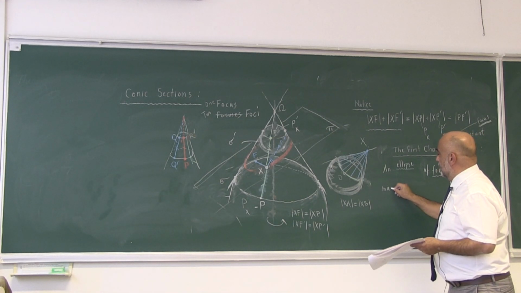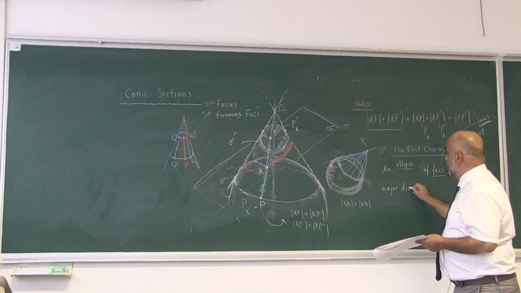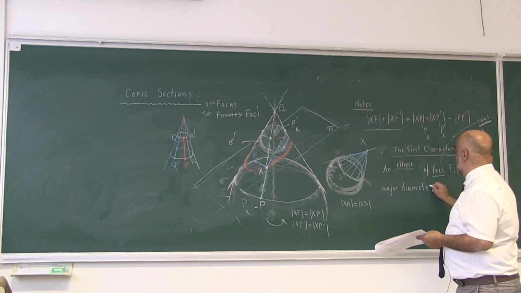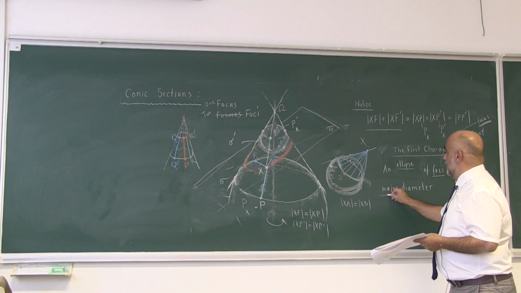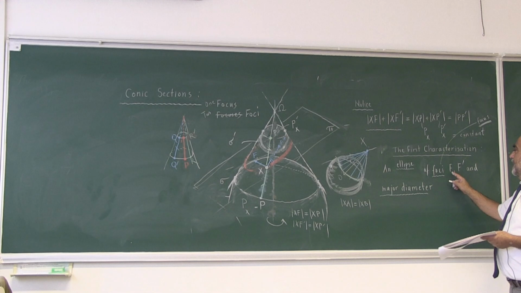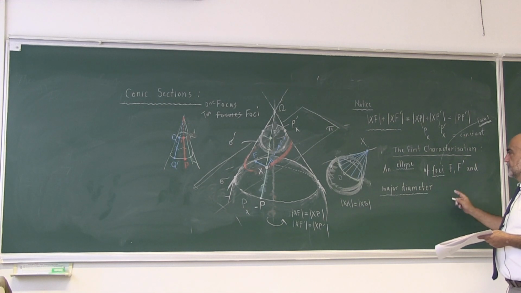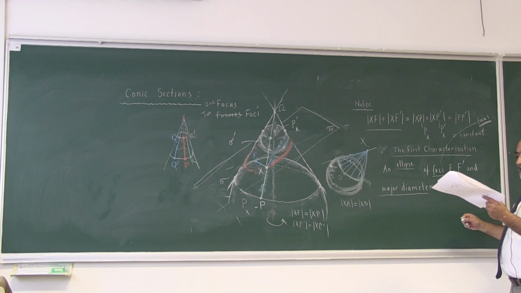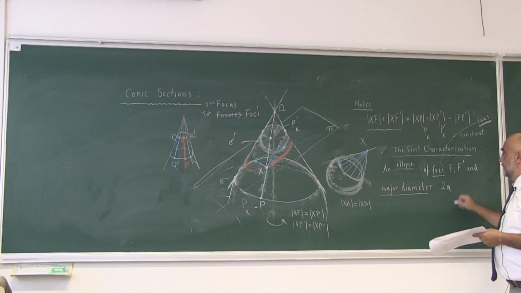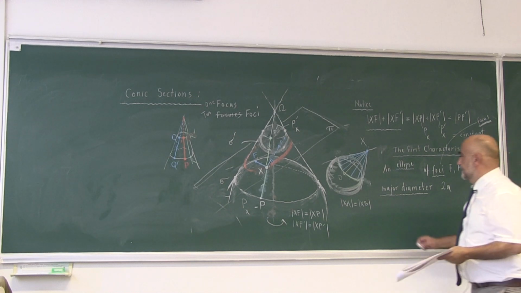Why is it major and why is it diameter? That will have to be clarified later, but just take this as a piece of terminology. So there are two things defining an ellipse: your pair of foci, which is a pair of points, and the major diameter, which is a length. It is traditionally denoted 2a.